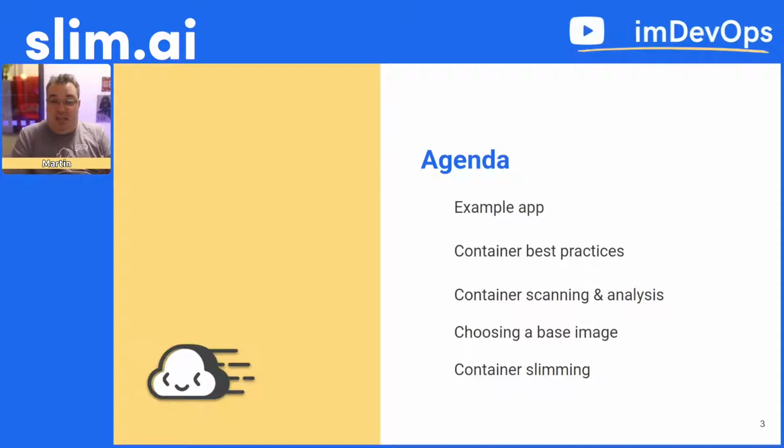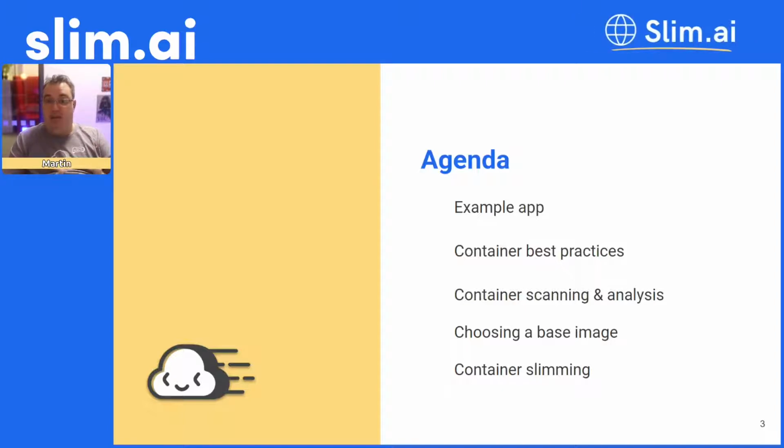So here's the agenda for today. We're going to look at 5 best security practices for your production-ready containers. I've got an example app, so we'll take a quick look at that. Then we'll look at container best practice using several different techniques with a focus on where container best practice impacts security.